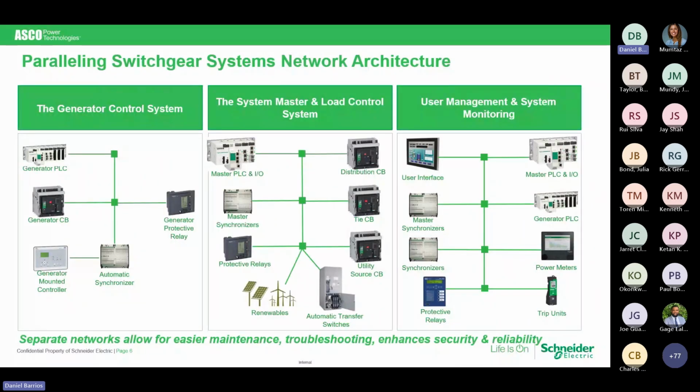So when you look at a set of traditional paralleling switchgear, we basically have a few sections here. In the generator control, there is a master control section that will have a master PLC, either single or redundant. Normally, we would suggest a redundant PLC, however, single I/O.